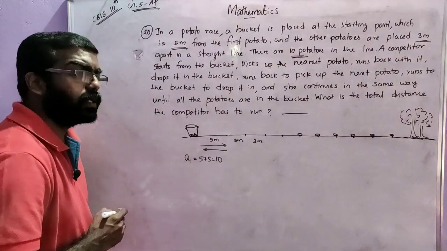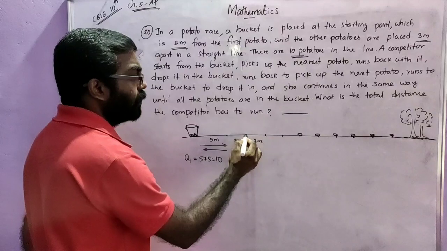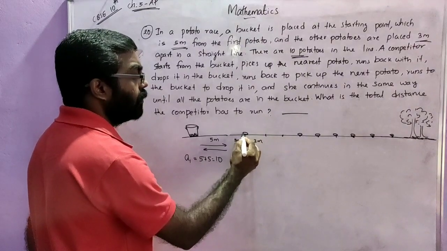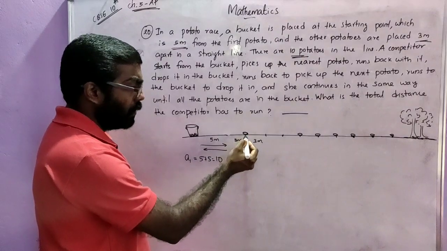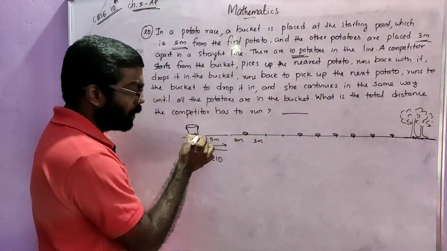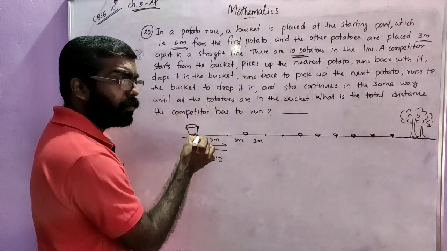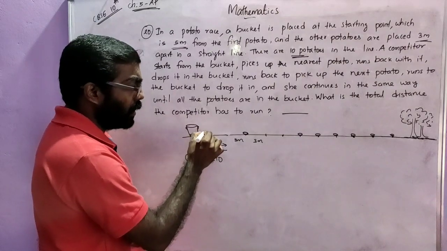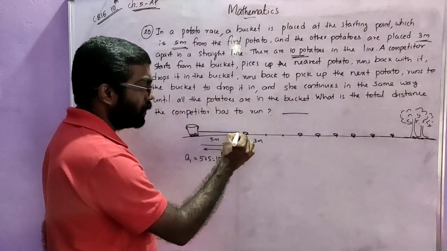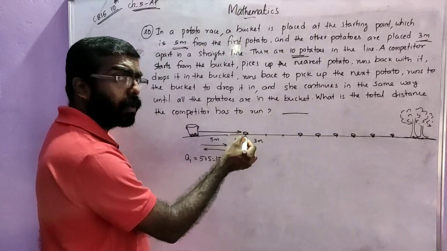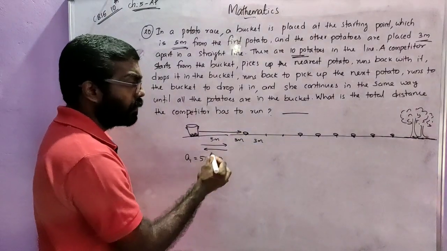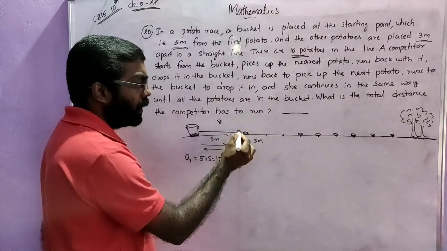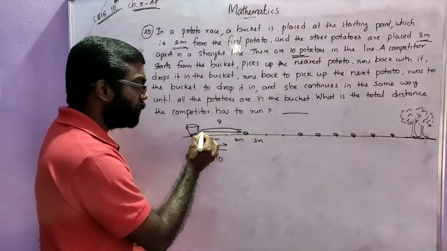And in order to take the second potato, now the position of the competitor is near the bucket, the starting point. So the competitor has to run this much distance first to take the potato. That is 5 plus 3, 8. Clear? And she has to run back that much distance.